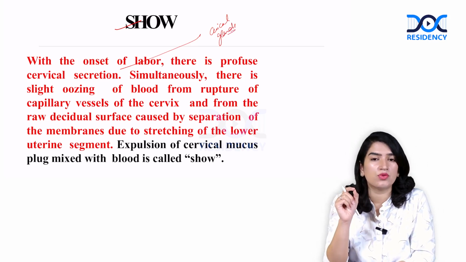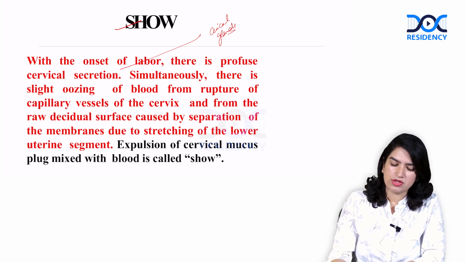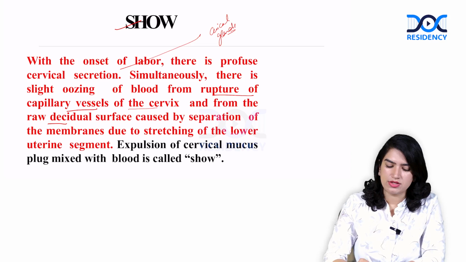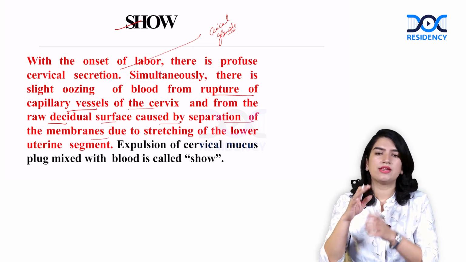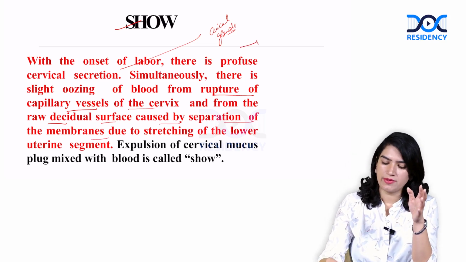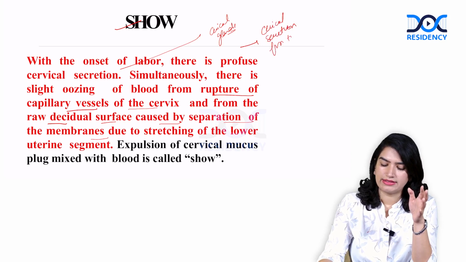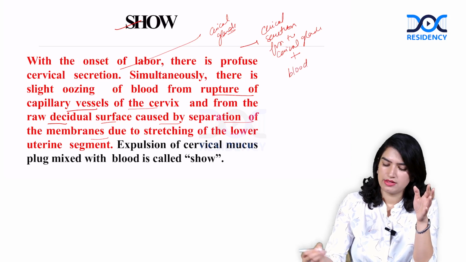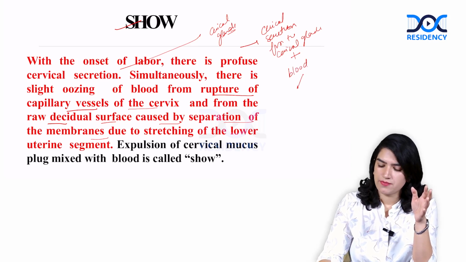Simultaneously, there is slight oozing of blood from rupture of capillary vessels of the cervix and from the raw decidual surface caused by separation of the membranes due to stretching of the lower uterine segment. So that is why the cervical secretion from the cervical glands comes along with blood, which is coming from two sources.